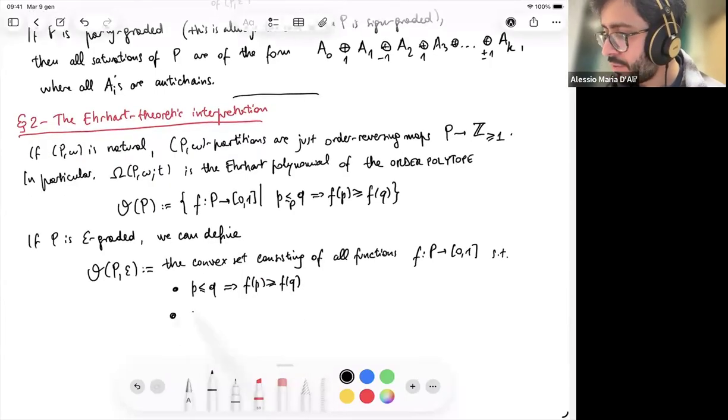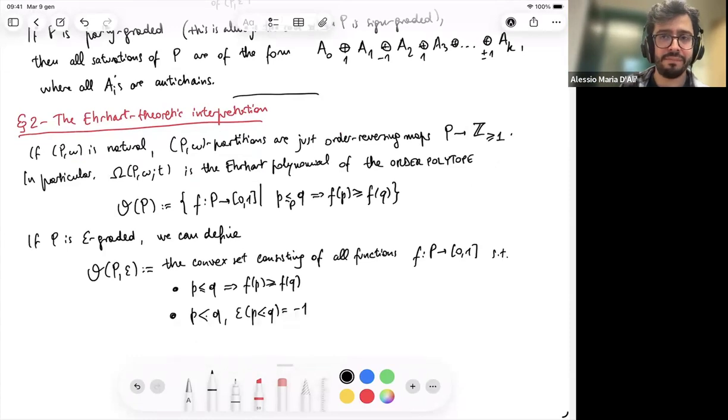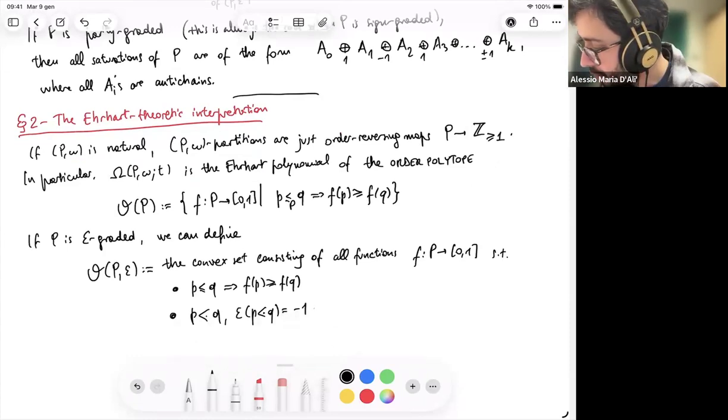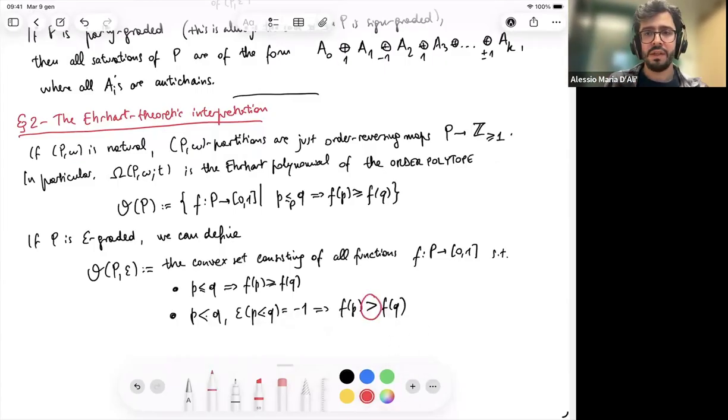But then, if I have a covering relation, so if q is just above p, and the edge label is a -1, so I get something not nice, then I just want my inequality to be strict. So basically, this is just removing some of the facets. It's basically removing the facet that corresponds to the p below q covering relation in the Hasse diagram.